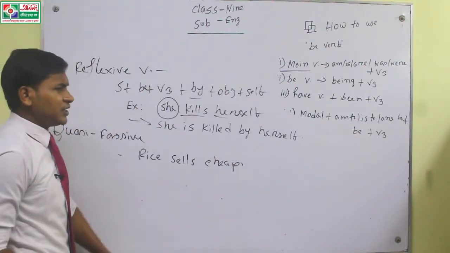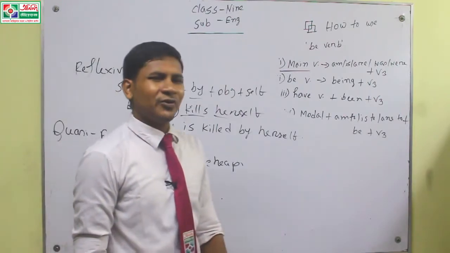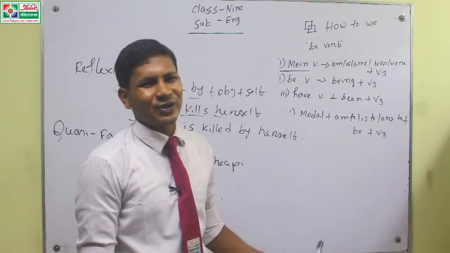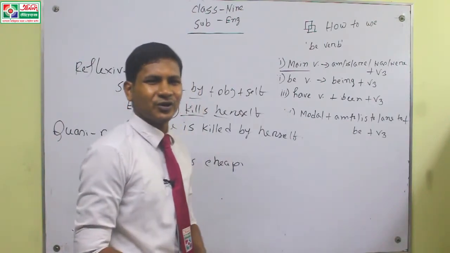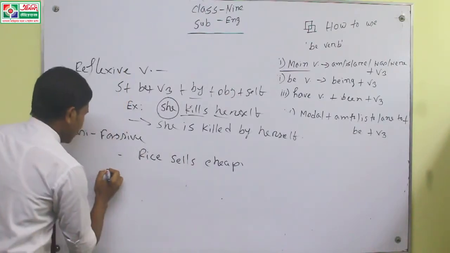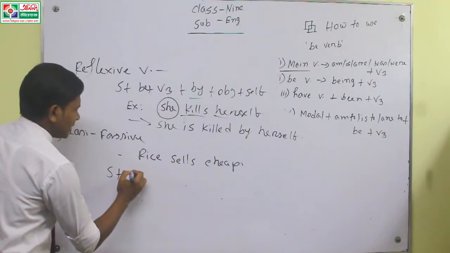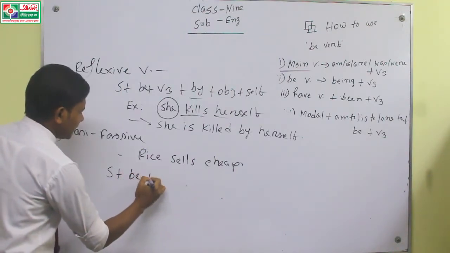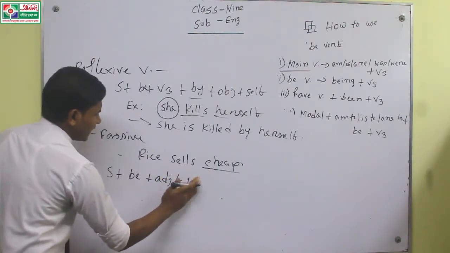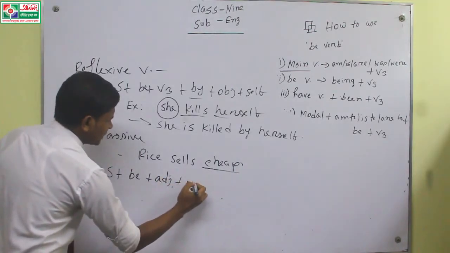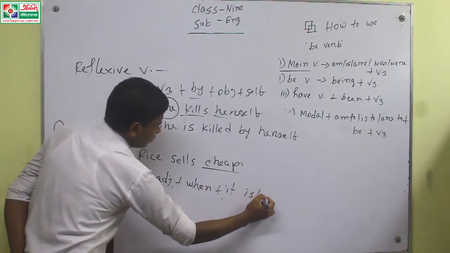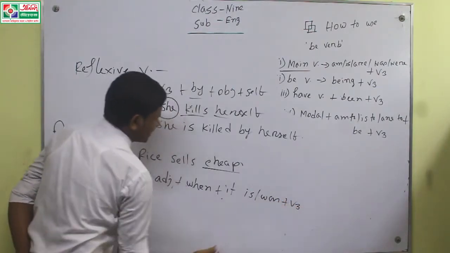It can change in two ways, but I want to introduce only one rule, which is called the smart rule. Looking at the board very attentively: subject, then be verb, then adjective, then when, then it is or was, then verb 3.